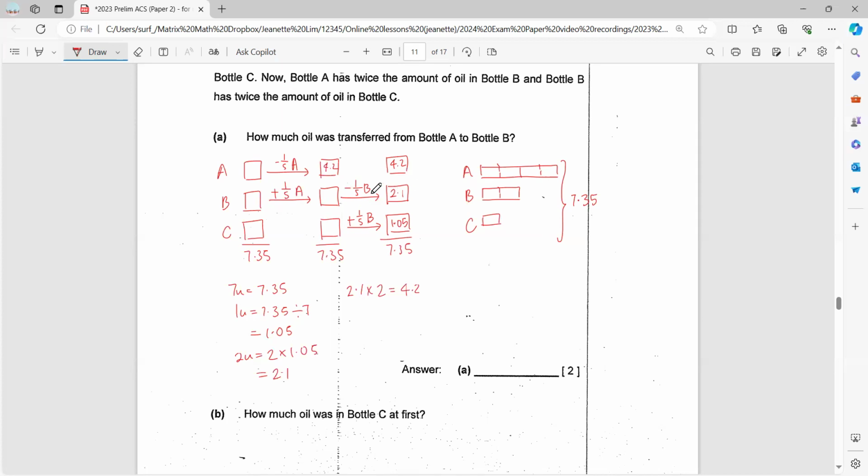So what's the fraction left for B? If you're taking away 1/5, this 2.1 is actually 4/5 of B. So 4/5 of B is 2.1.